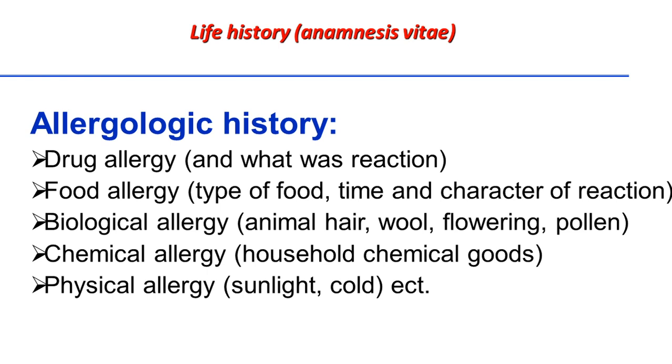If your patient belongs to population B, you should detail if this is drug allergy, and which kind of drug he has allergic reaction to, for example, antibiotics or amoxicillin, penicillin, or maybe to any kinds of food, biological products or chemical allergy.